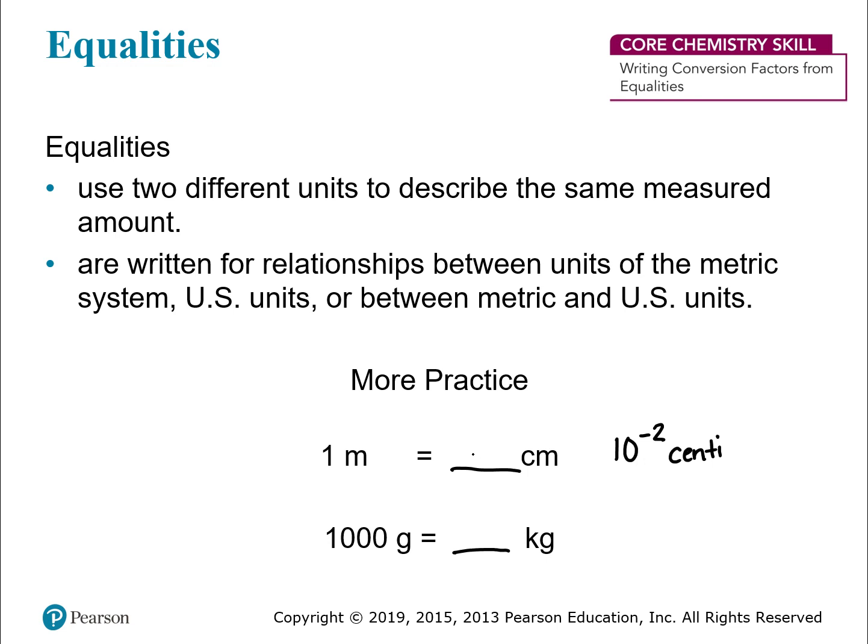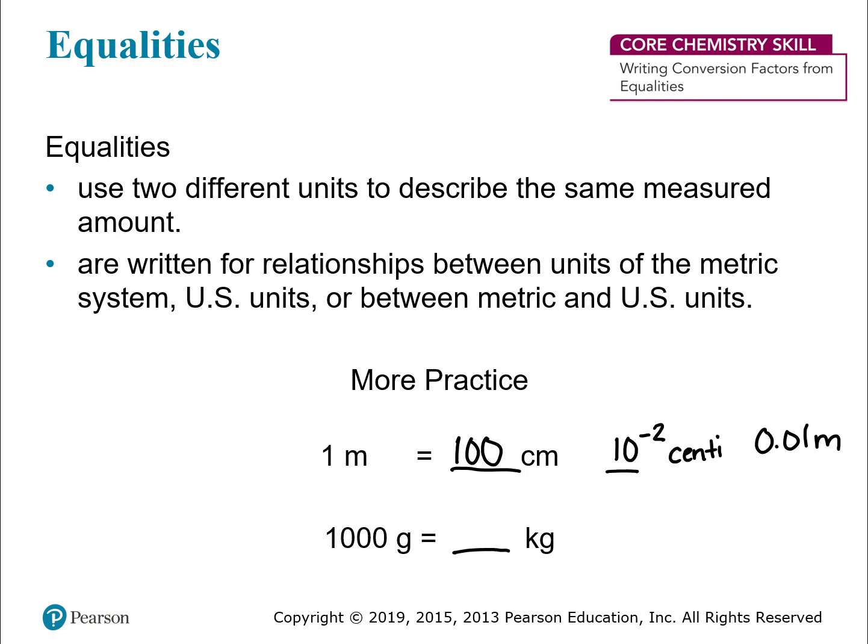That means that we're going from this centi unit, which is smaller, to describe 1 meter. 1 meter is bigger. So we have to have 100 centimeters to equal 1 meter. The numerical value would be 0.01 meters is equal to 1 centimeter. Okay.